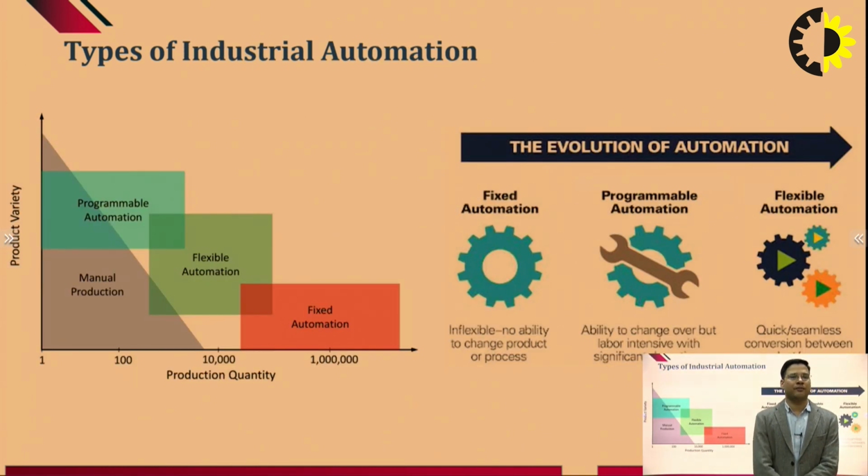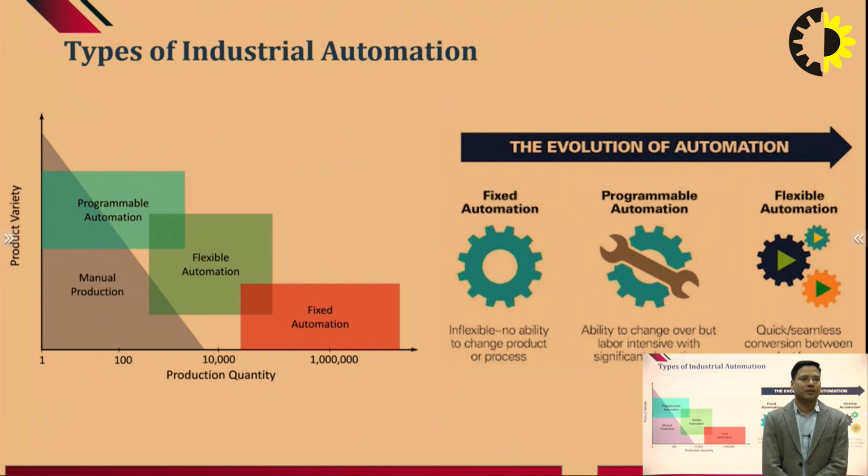Now if we try to understand the evolution of automation, after the types of automation depending upon the process, we can look at the technologies which play a vital role in implementing automation. When we use automation for developing certain fixed types of products only, let us take the example of soap, where we have fewer design features and we are more concerned about producing a larger number of products.